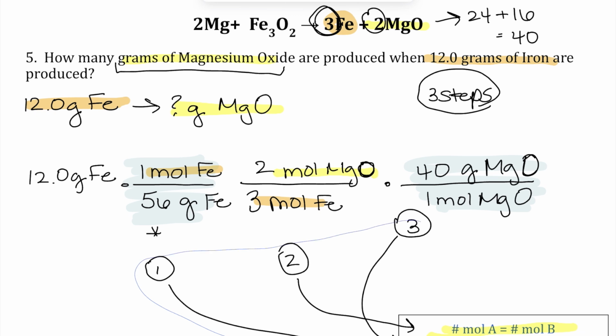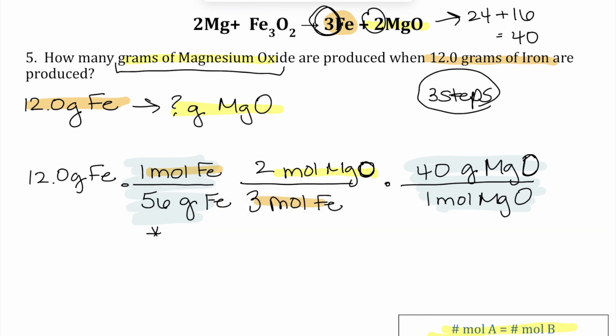Now that we have that set up, we can go ahead and do our math. 12 times 1 times 2 times 40, which is 960, divided by 56 times 3 times 1, which is 168.